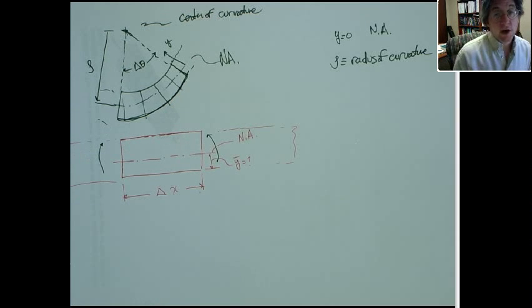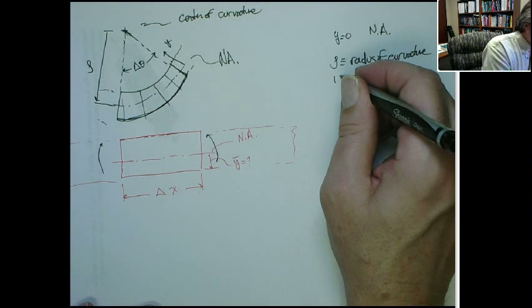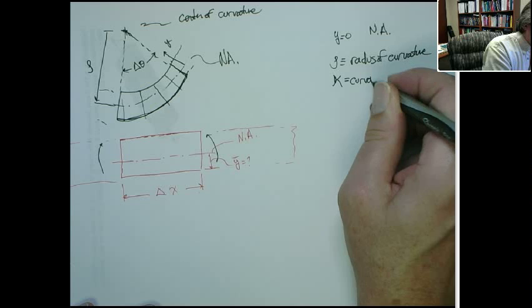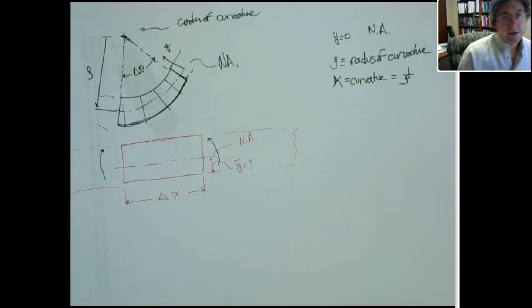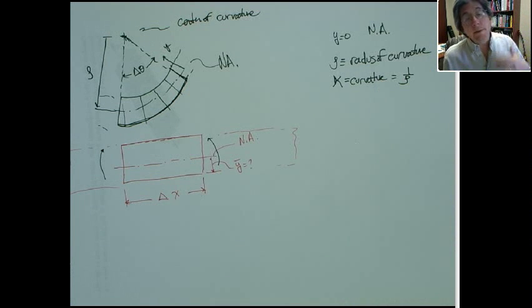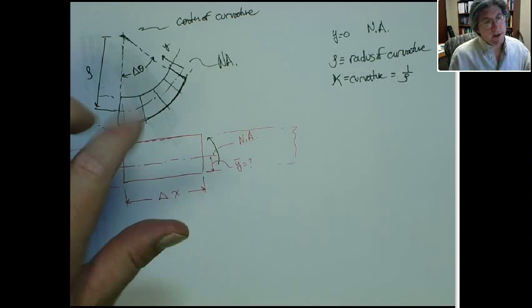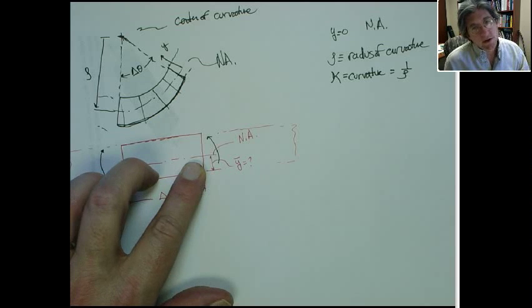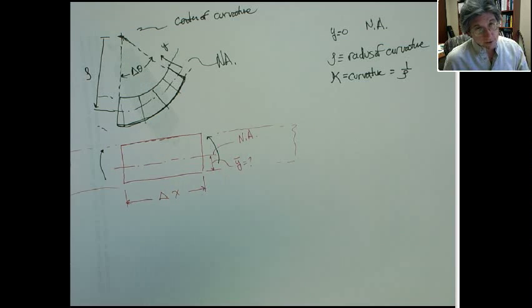The smaller the radius of curvature, the more bending. We also will typically define the curvature, which is 1 over the radius of curvature. So it's the inverse of the radius of curvature. As the radius of curvature gets smaller, the curvature goes up.